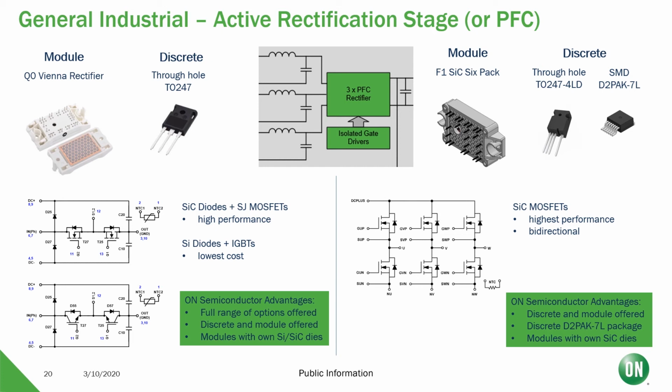You can see on the bottom left is a solution using superjunction MOSFETs coupled with SiC diodes or IGBTs with silicon diodes, which we have solutions for those. But moving over to the right, we have a SiC MOSFET solution, which provides the highest performance and provides bidirectional performance. So you can go both ways through that rectifier.